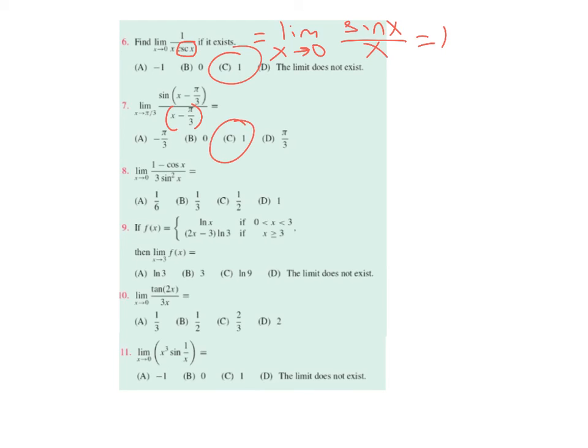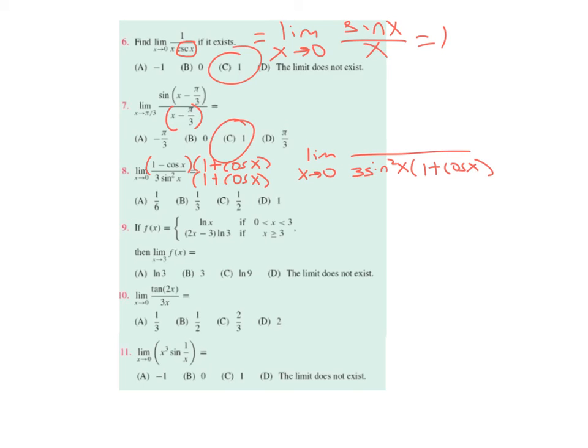All right, and then let's see. This last one. What is this one? Multiply by the reciprocal, I'm guessing. If I multiply by 1 plus cosine x on the top and the bottom, that's the limit as x approaches 0. 3 sine squared times 1 plus cosine x.